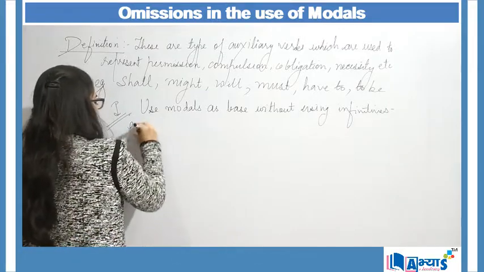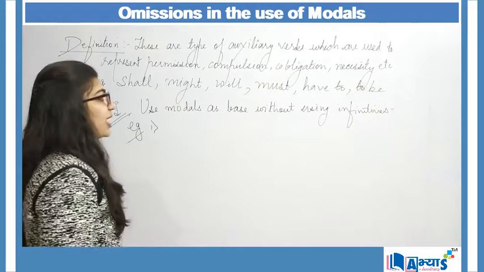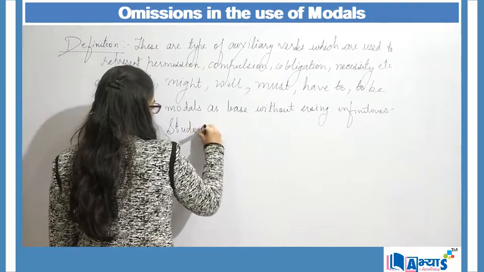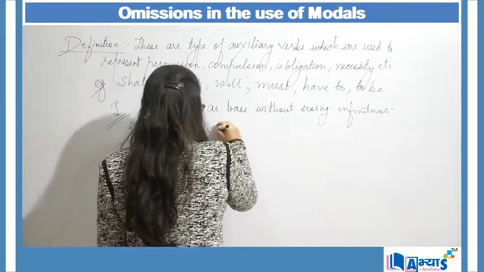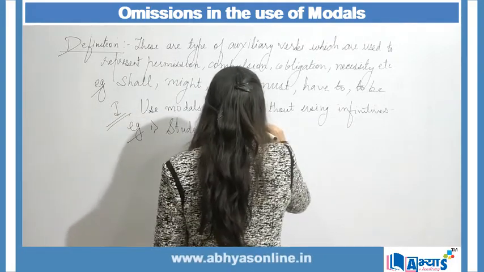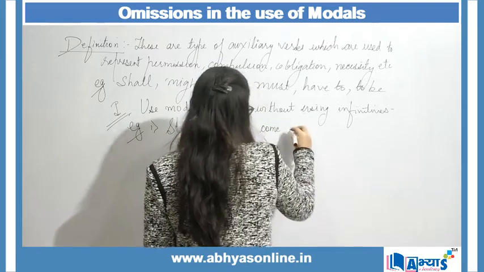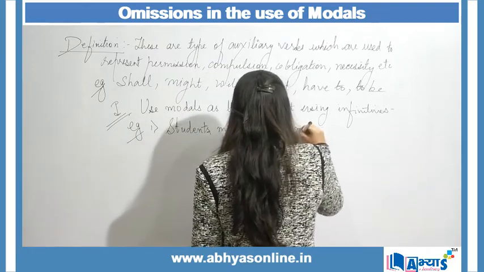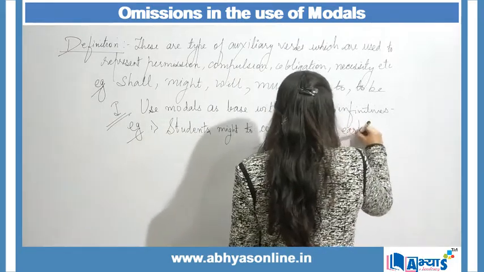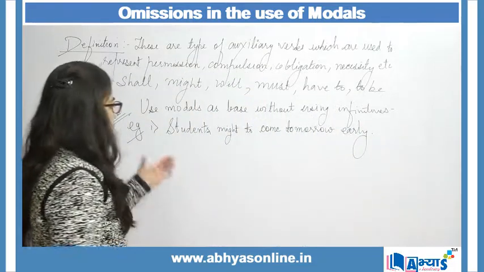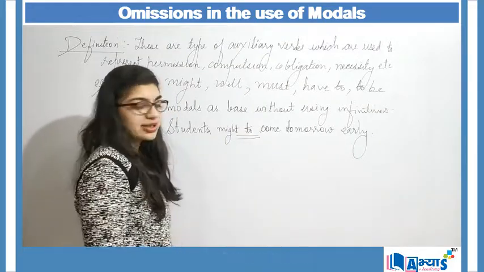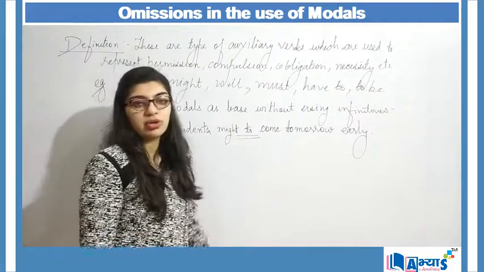My example can be: students might to come tomorrow early. Students might to come tomorrow early. Here the use of to is not required. I will just say students might come tomorrow early.